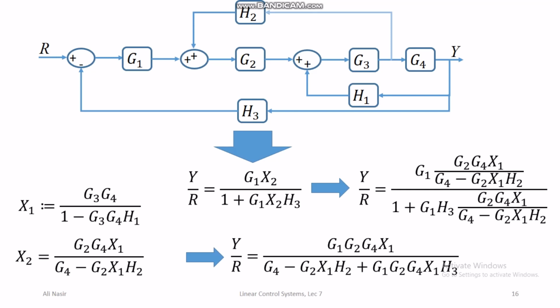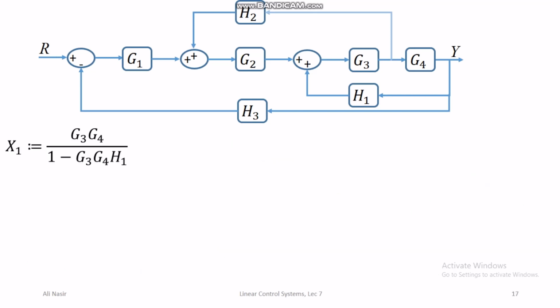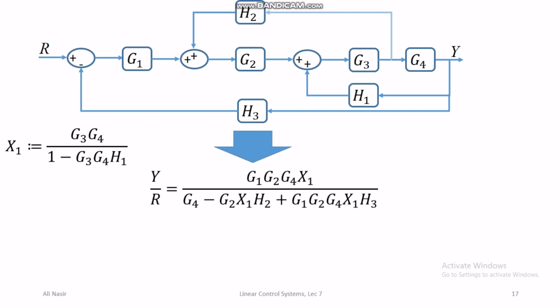So this is simplified by taking LCM in the denominator in the previous expression for y over r. Now I copy this expression for y over r in the next slide, and we get this, which is so far the transfer function for the original block diagram that we had.